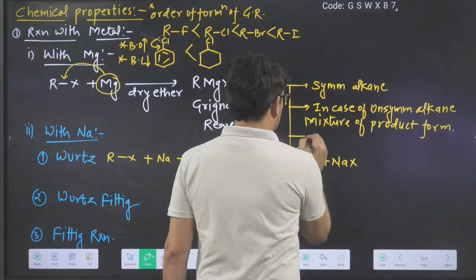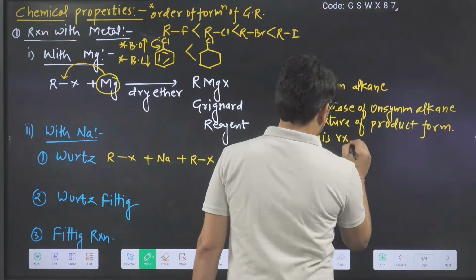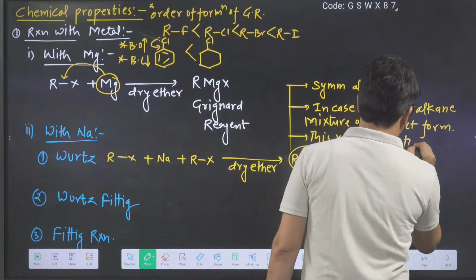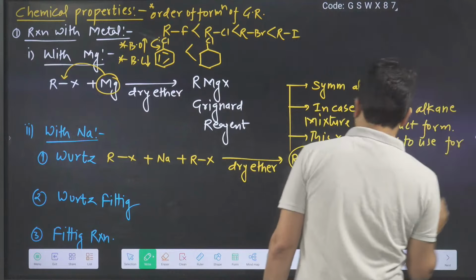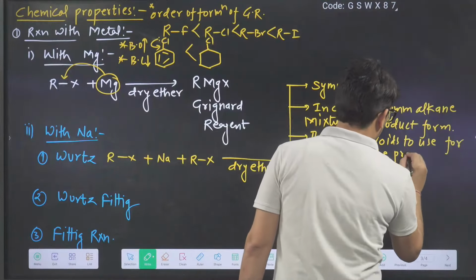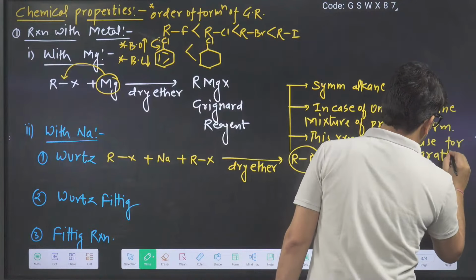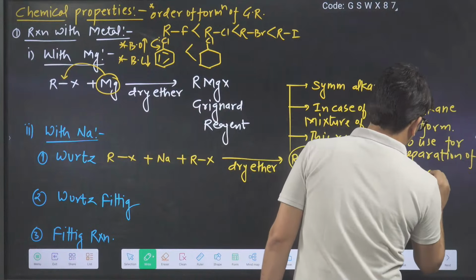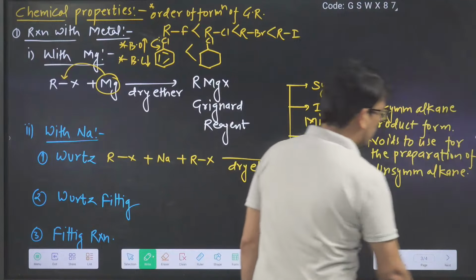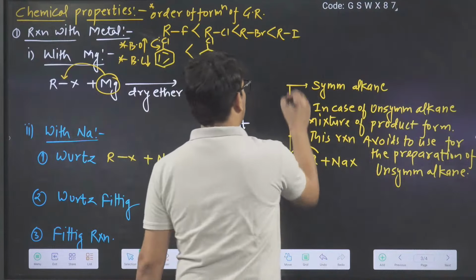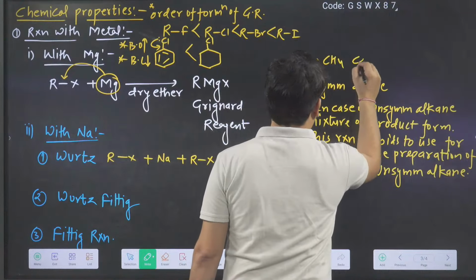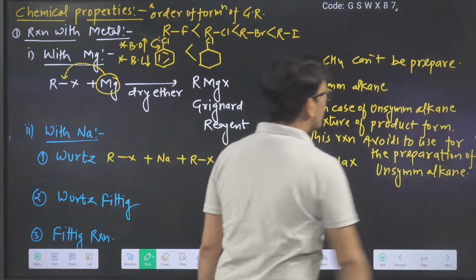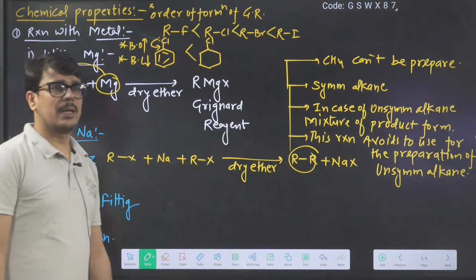Therefore, this reaction avoids use for the preparation of unsymmetrical alkane. And one last point, by this one methane cannot be prepared. Clear to everyone or not?